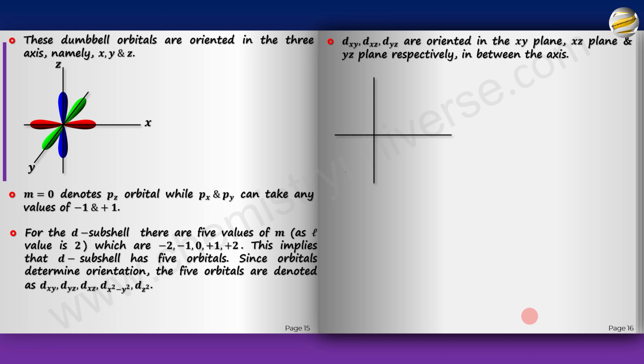So if this is x, y and z, the dxy will be in the xy plane, which will be this or horizontal plane. So the blue, let's say, represents plus, then the red will denote minus. Remember, this is the sign of the wave function, which has no physical meaning.